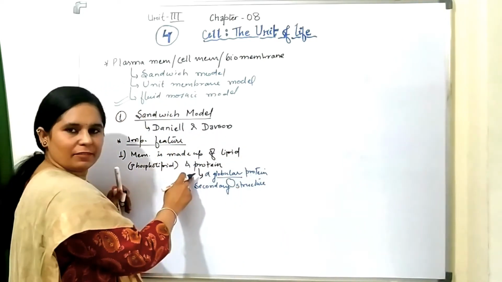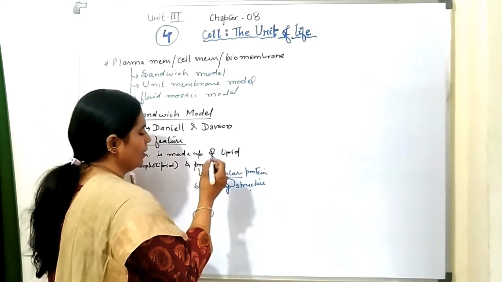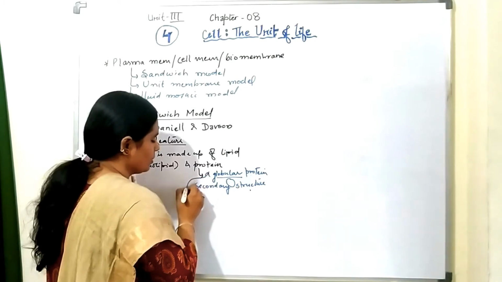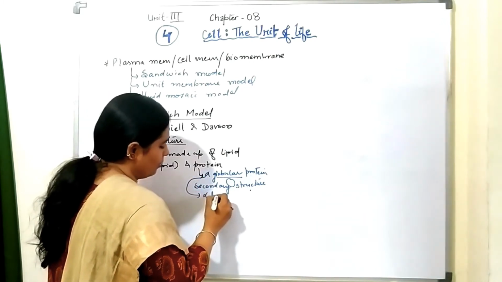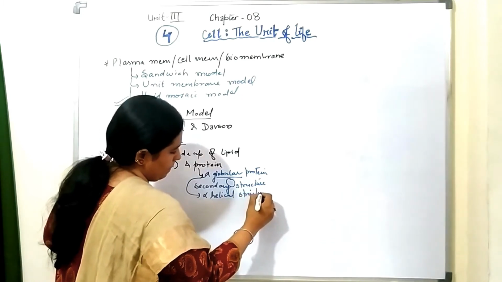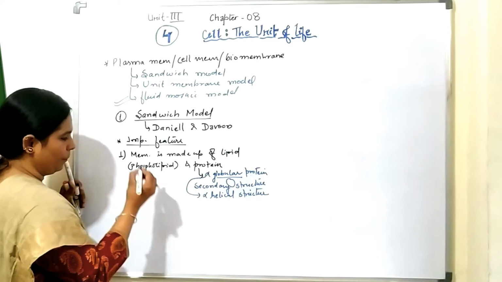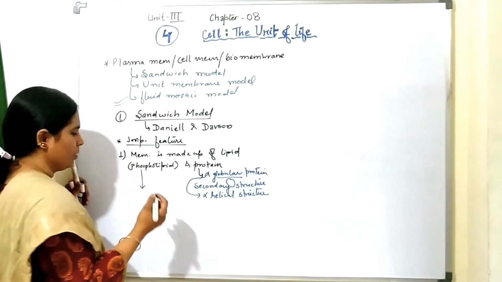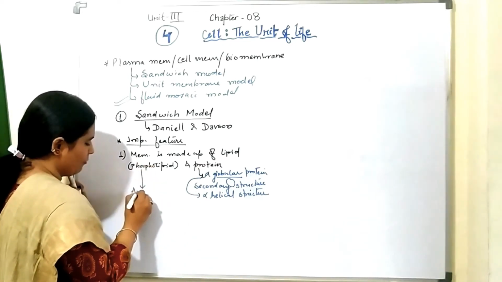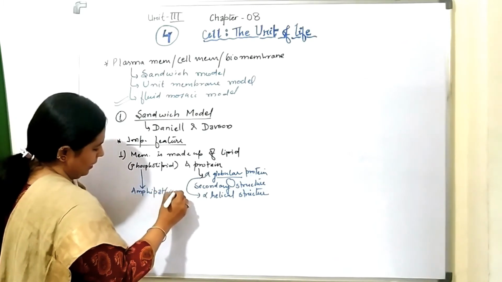So here the protein which is involved is having secondary structure, and this alpha says that it is having alpha helical structure. Next is the phospholipid which is involved here is amphipathic in nature.